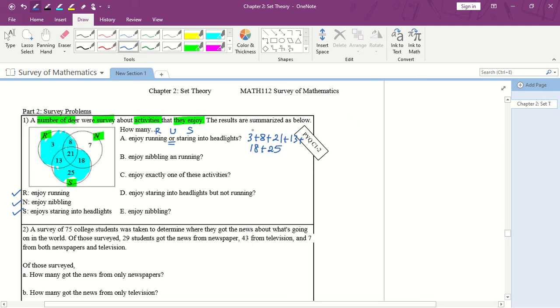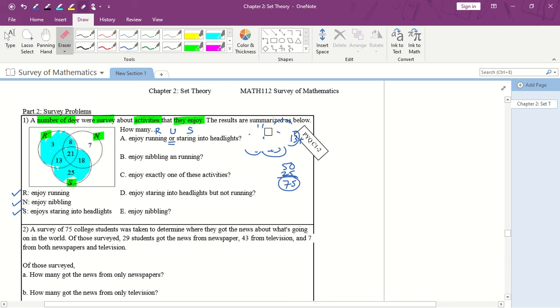3 plus 8 is 11. 11 plus 21 is 32. 32 plus 18 is 50. 50 plus 25 is 75. And 75 plus 13 is 88.